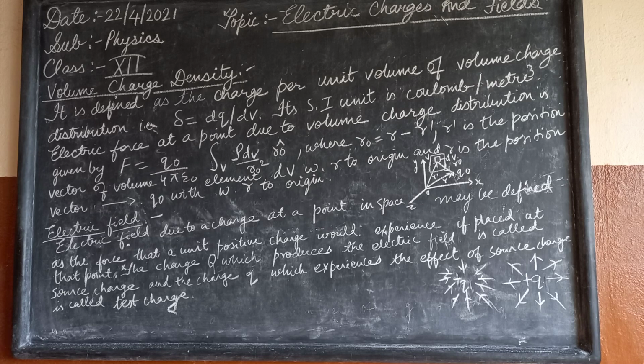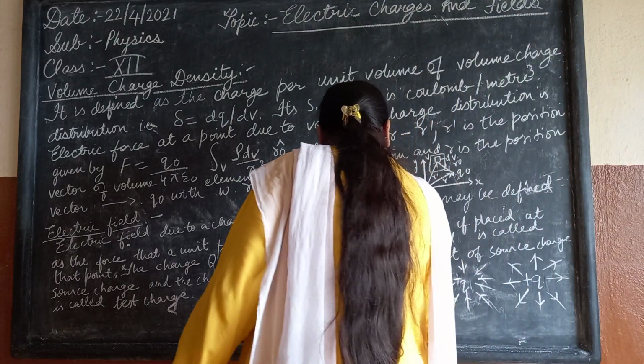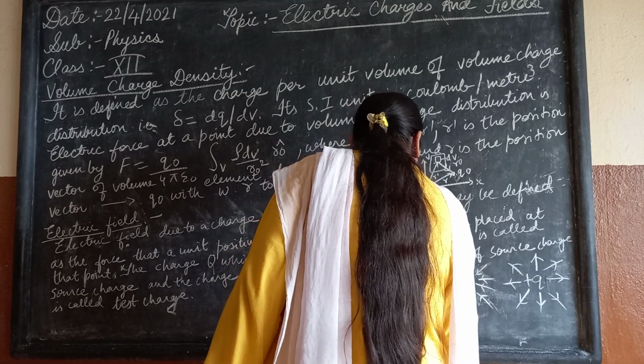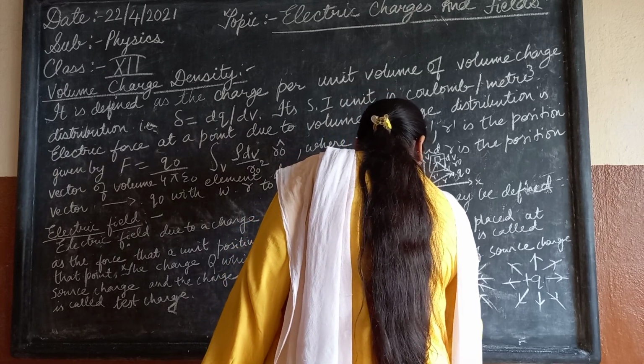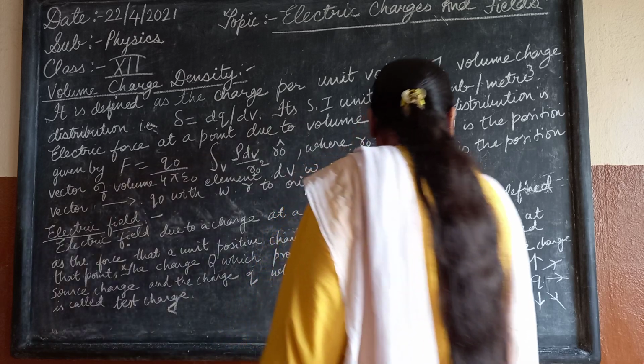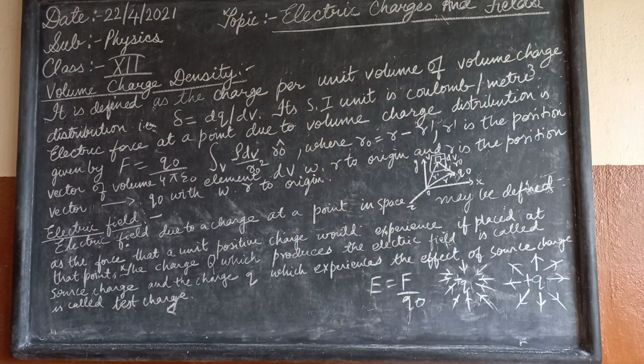So the electric field intensity due to a point charge is defined by E equals F upon Q0, where Q0 is the test charge, E is the electric field intensity, and F is the force experienced by the test charge Q0.